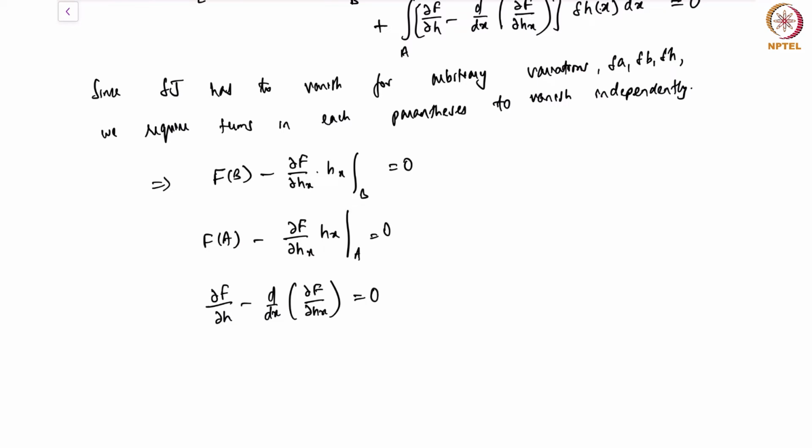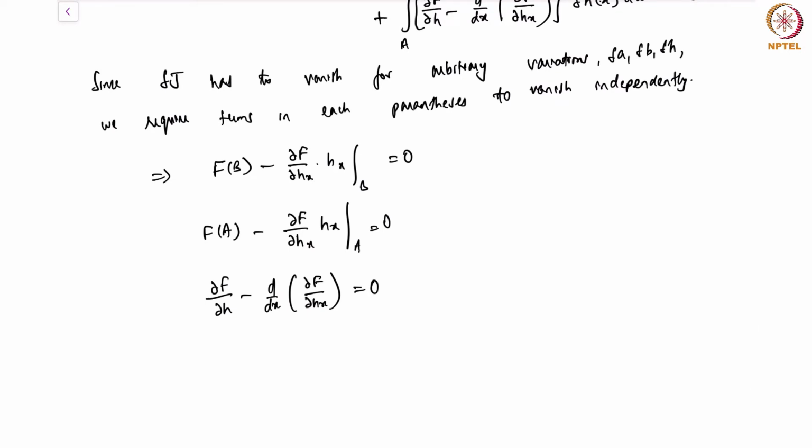So we have three expressions that we've got, right? These two are boundary terms, and we will soon see that these boundary terms will help us get the Young's equation at the contact line, and this is the Euler Lagrange equation.